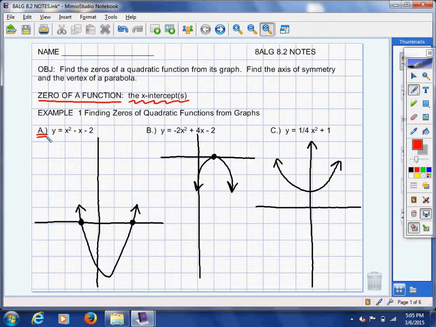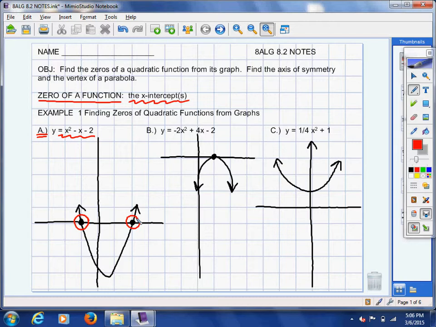So what we're going to do in letter A, this is the equation of our graph, but they graphed it for us, and that's what we want to focus on. And where you want to focus is where does your parabola cross the x-axis? So I circled the first point on the left and the second point on the right. And those are your zeros of your function here. And so we want to identify those zeros.